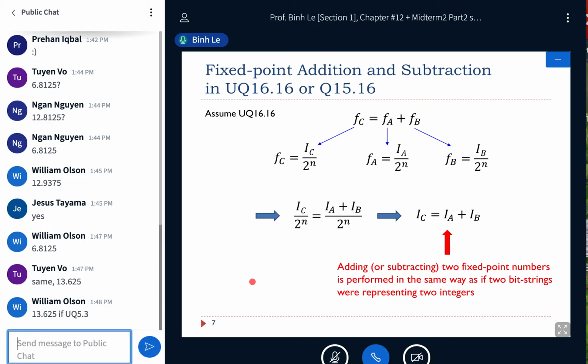I will use 4 bits instead of 8 bits or 16-bit. Okay. Very simple. I will use a 4-bit binary number to represent a real number using the unsigned fixed point representation. And I will use the first 3 bits for the integer part and the last bit for the fraction part.